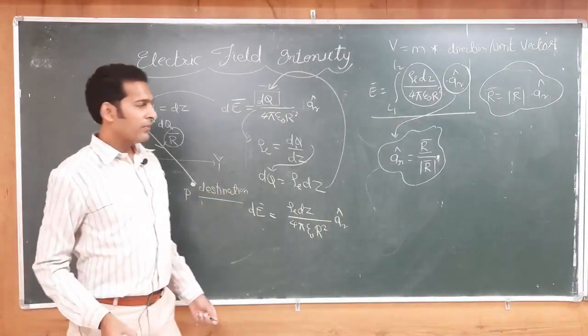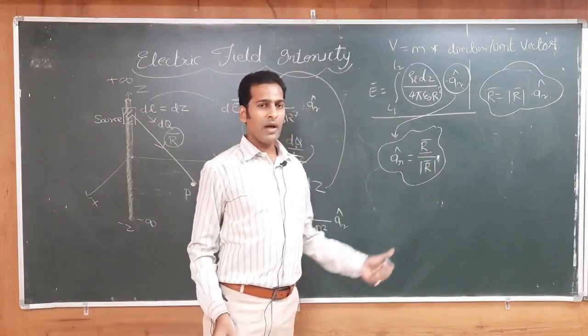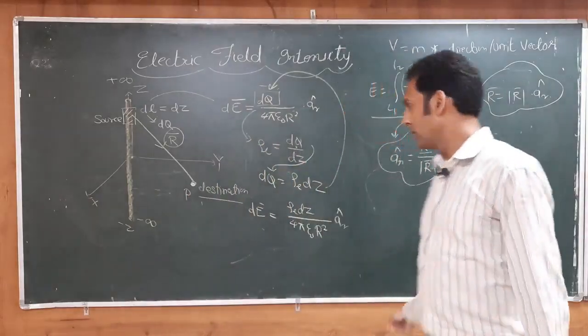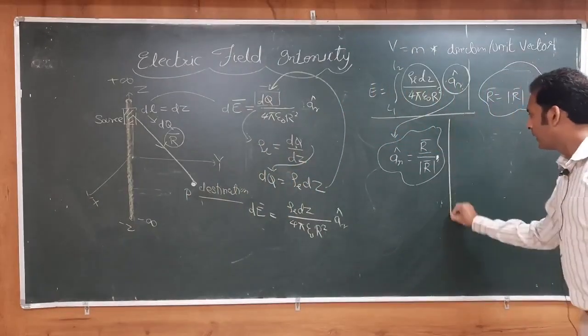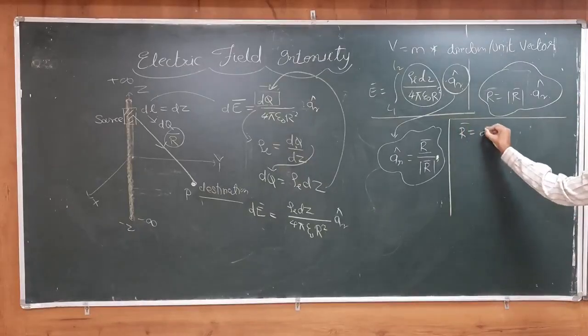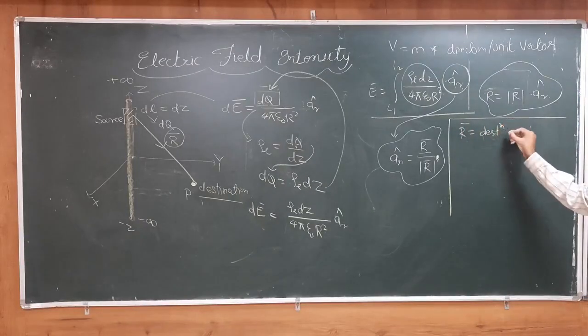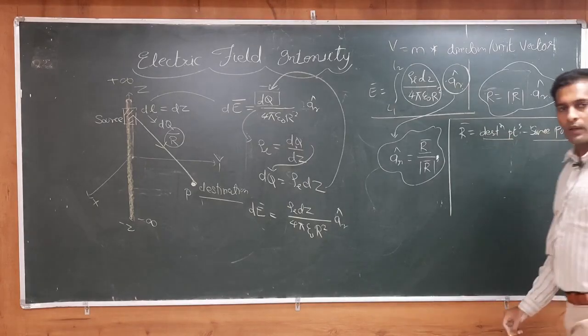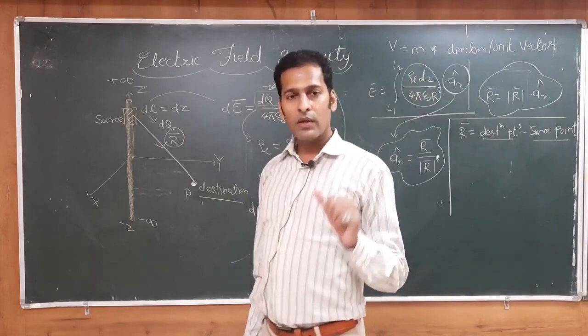In the Coulomb's law example we discussed, the calculation of R bar is destination points minus source points. So, here we can write R bar is equal to destination points minus source points. Now, what are the destination points and source points? Here we have to consider one coordinate system.